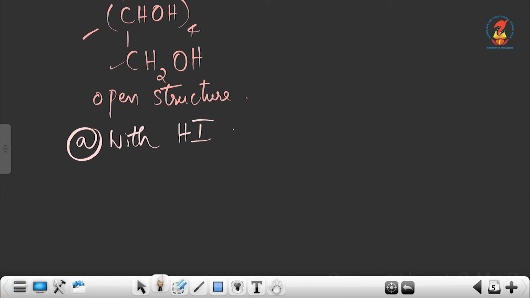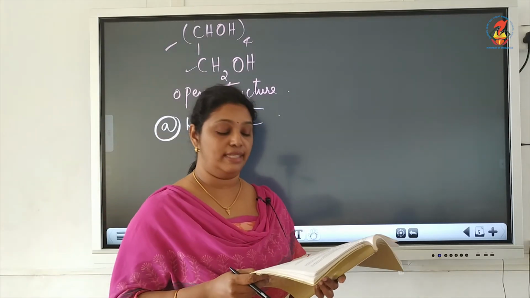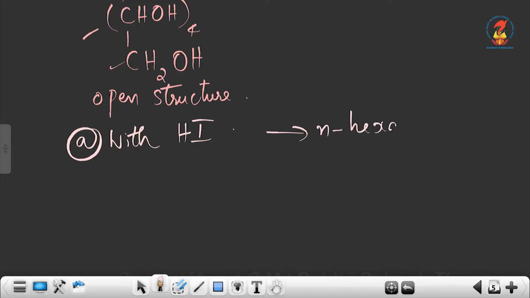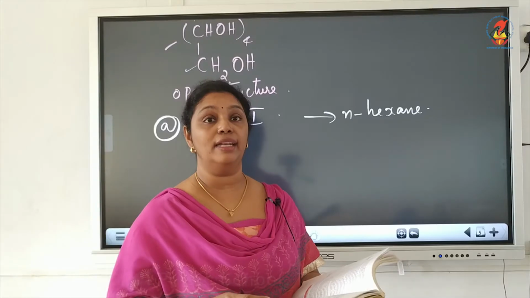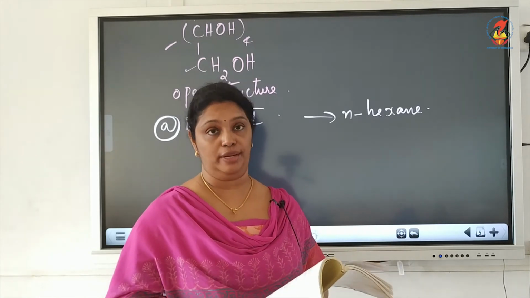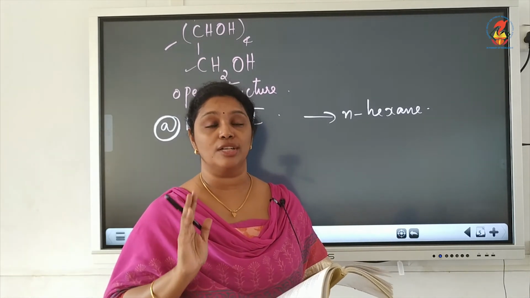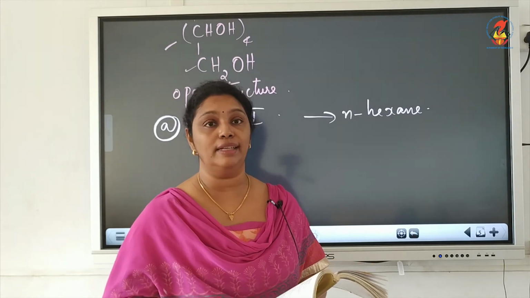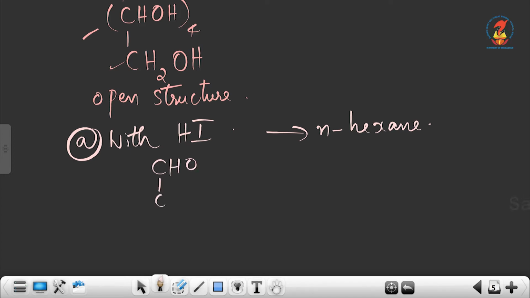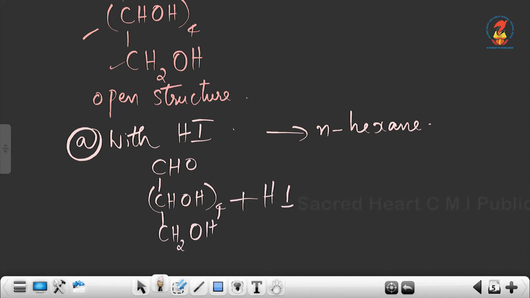hydrogen iodide. Now when glucose was strongly heated with hydrogen iodide, it formed normal hexane. Normal means straight chain. Normal hexane, suggesting that all 6 carbon atoms in glucose are linked in a straight chain. So there are no branches in the structure of glucose. And the equation is, you will write the structure of glucose, (CHOH)4, CH2OH plus hydrogen iodide.